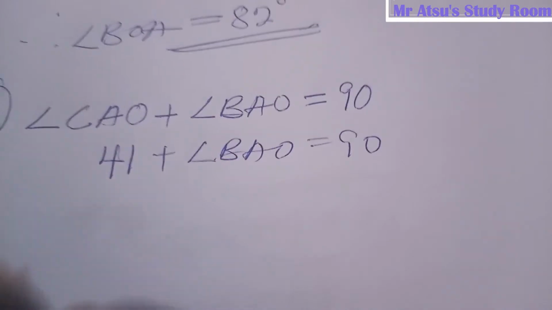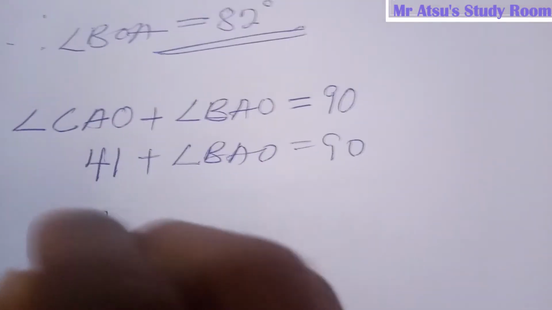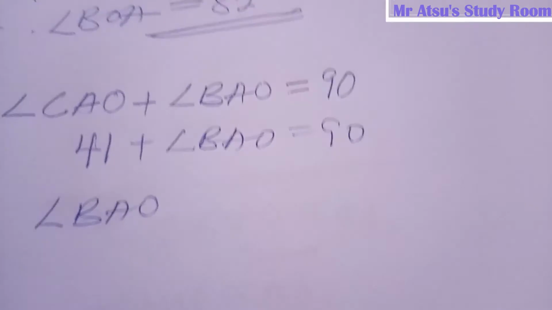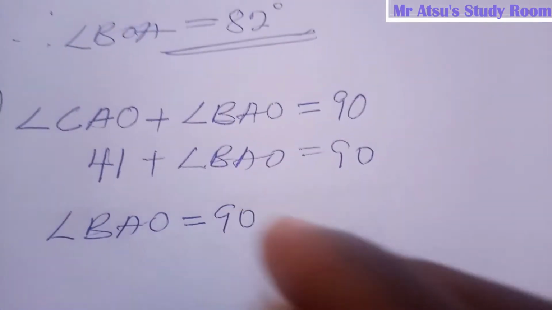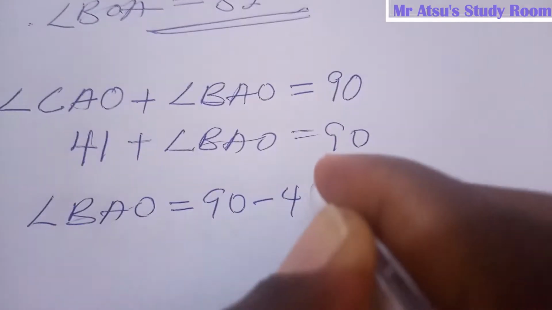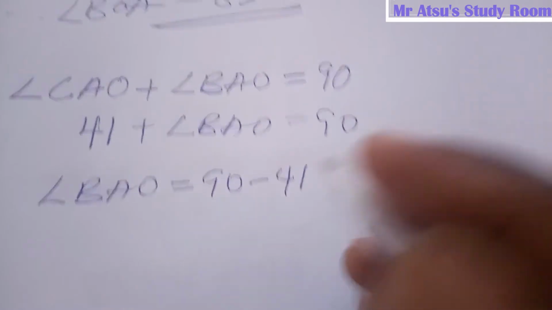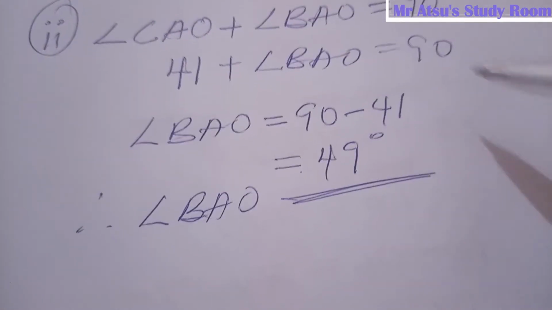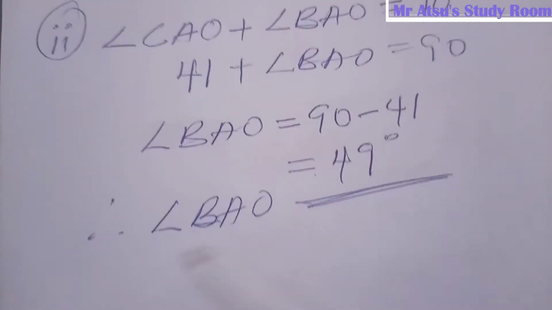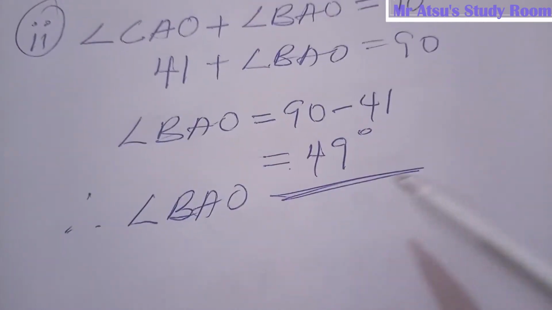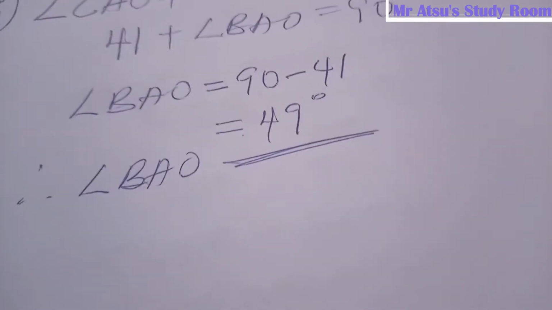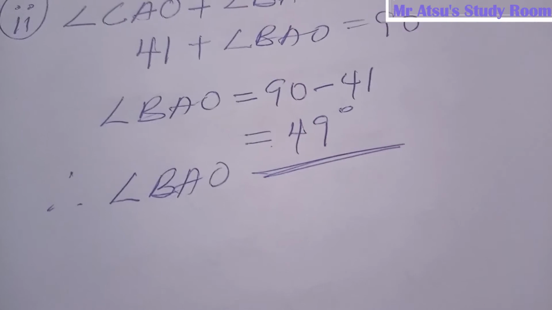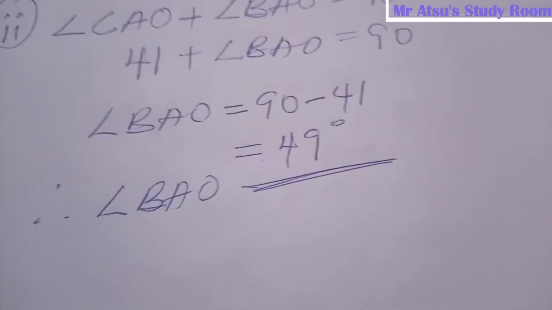So angle BAO will be equal to 90 minus 41. And that will give us 49 degrees. So therefore, angle BAO equals 49 degrees. Let's go on to the next question.